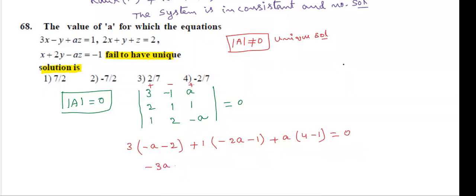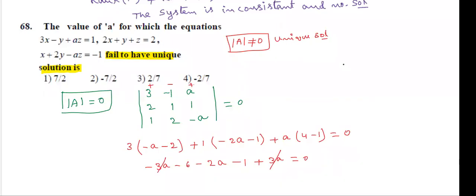Minus 3A minus 6 minus 2A minus 1 plus 4A. 4 minus 1, 3. So here we get 3A, right? 3A minus 3A cancel.